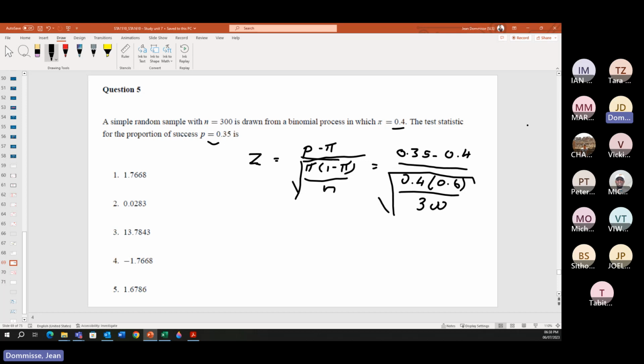Okay, so the first thing that I now see is if I say 0.35 minus 0.4, that is actually going to be 0.05 negative. Okay, so my answer is going to be negative. If I look at all of these, the only one that's negative is 4. So that will be my answer. So again, a tip for the exam is, because when we square root something, it can't be negative.